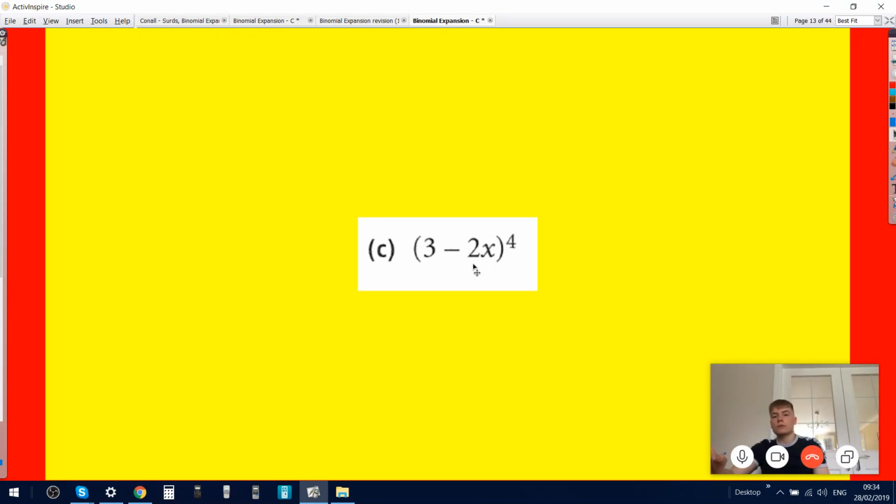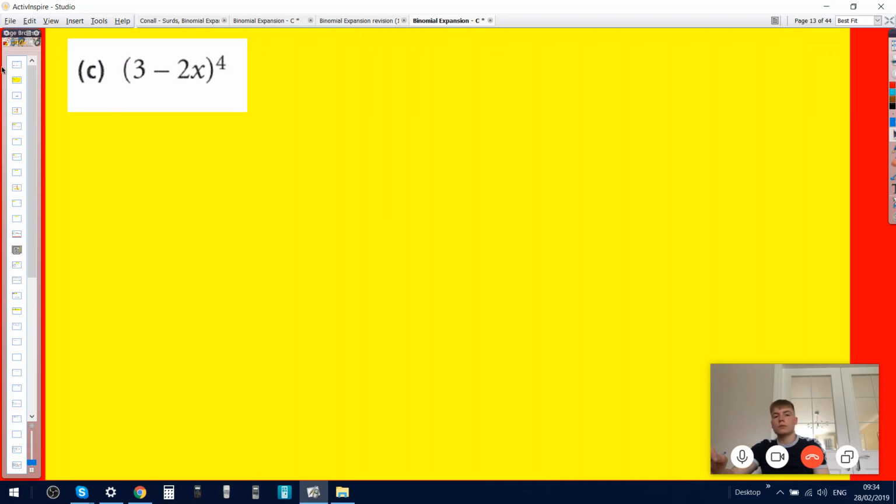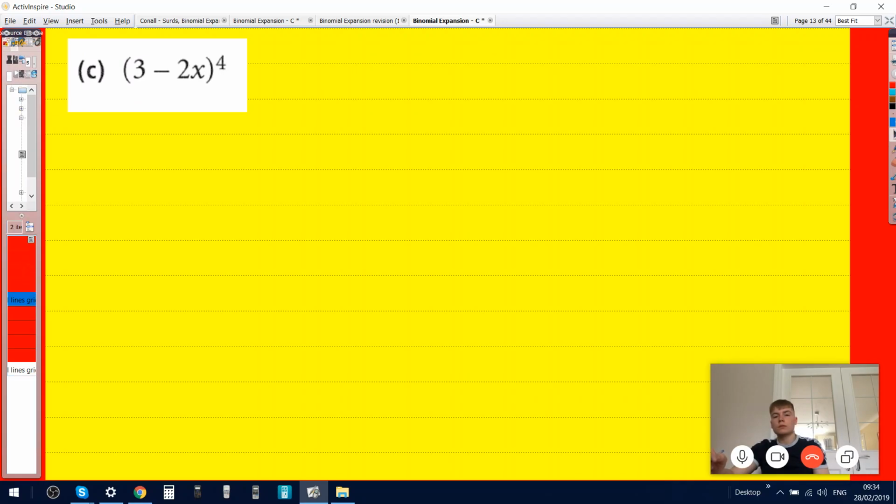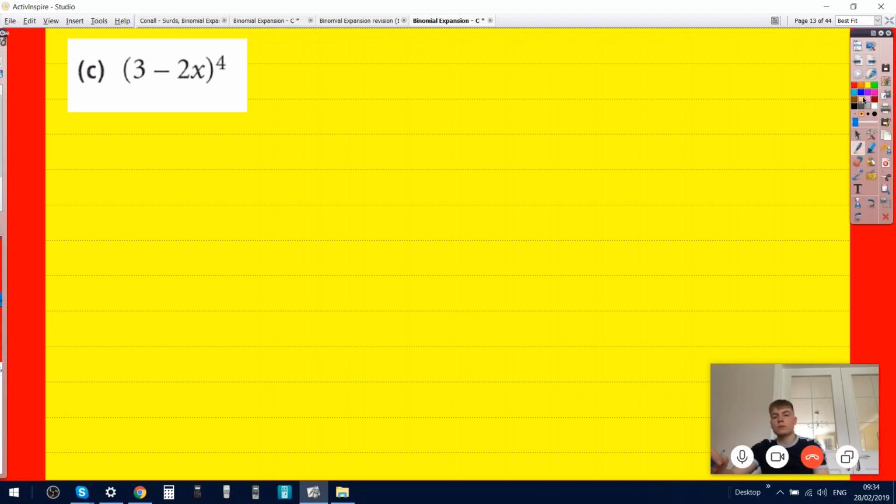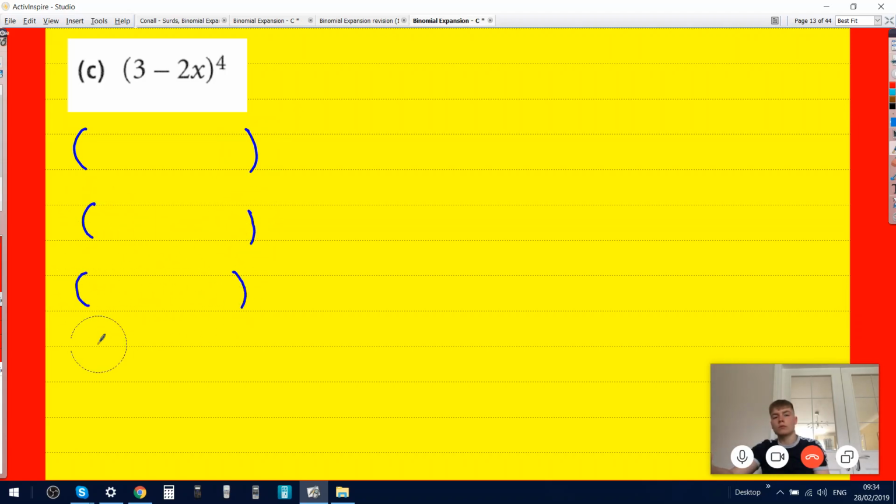So, binomial expansion in general. So this is to the power of 4. And so I write it as 3 brackets and 1 under the other, so it's just a bit easier to get the pattern.